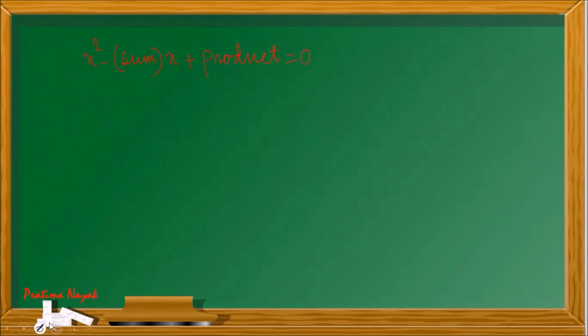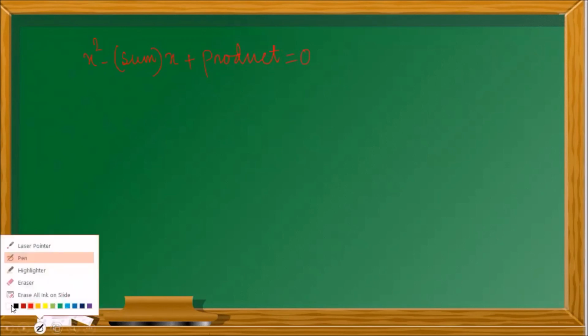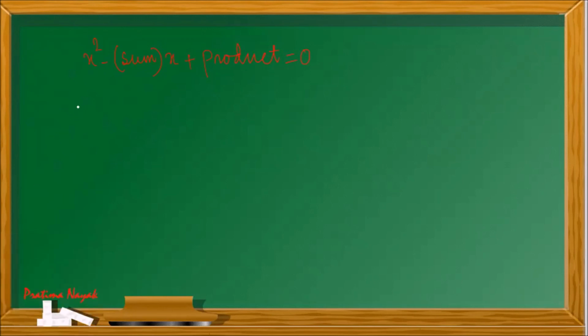Now let us take an example, or we'll take a question from the exercise book. Let the sum of the roots be given as 1 and the product be minus 12.